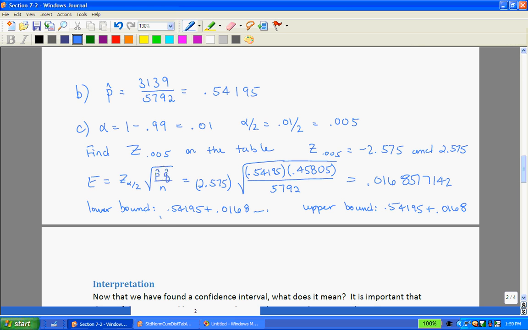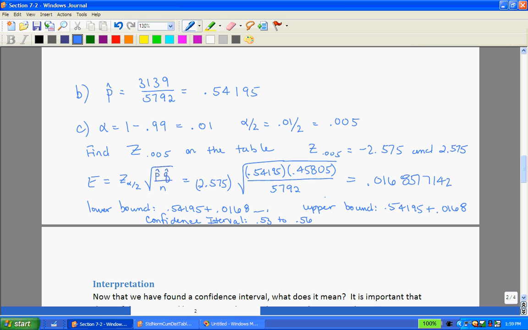I know I'm squeezing this in down here. So the confidence interval, if we wrote it this way, would be from 0.53 to 0.56 after rounding.